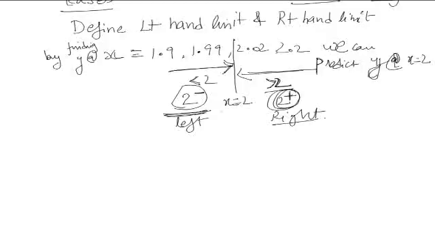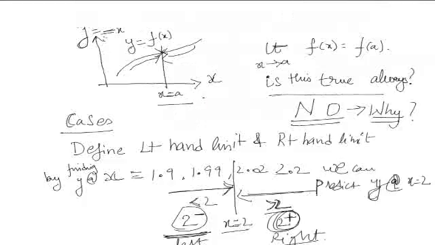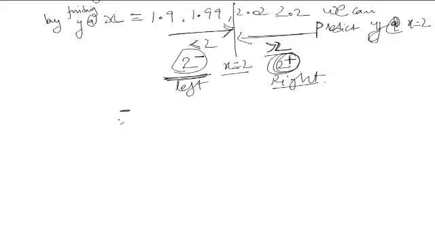Now if I replace this 2 with a general number a, that means it is a minus and a plus. So when I approach a in this direction, this is called left, and this side it's right.